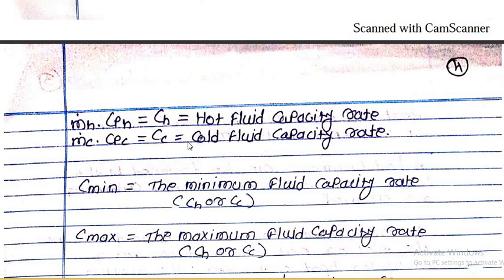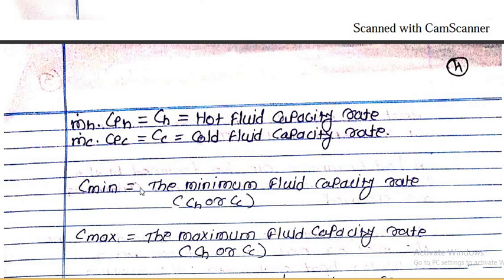Now out of these two, if you compare the values of C suffix C and C suffix H, whichever has the lower value after comparing will be considered as C minimum.